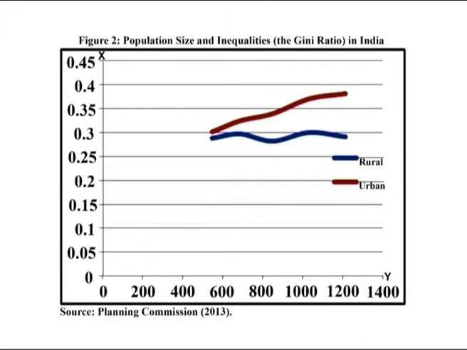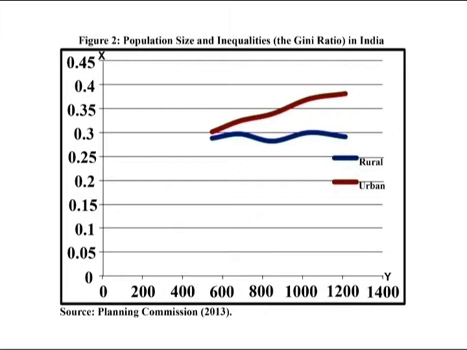The trends in income inequalities along with the population growth can be witnessed from this figure. The figure shows that as the population has increased in India, there is also an increase in inequalities measured as the Gini ratio.